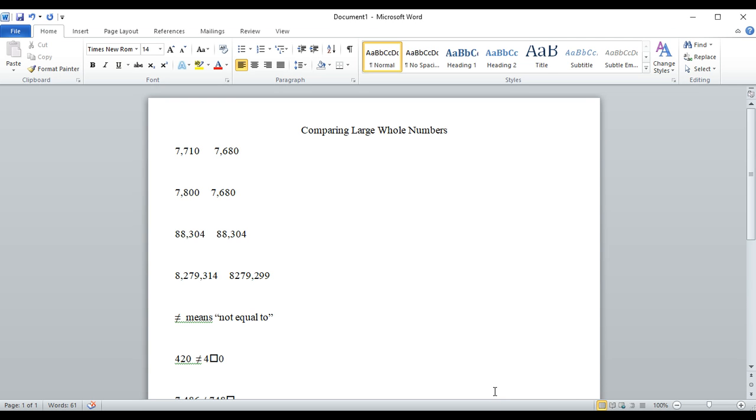These are directions for doing workbook page 1.4, comparing whole numbers, specifically larger whole numbers.